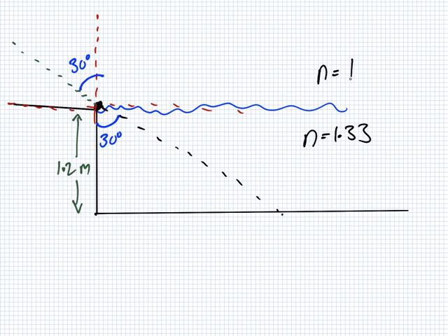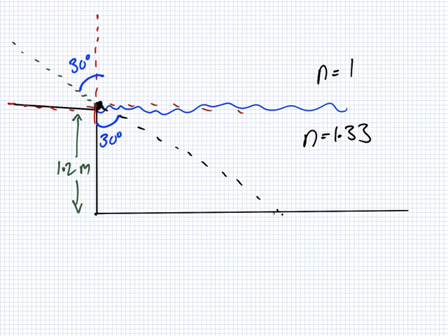What was my question? What depth does the pool appear to be? So if the pool was empty, then when he looks down at 30, that light would travel at 30.